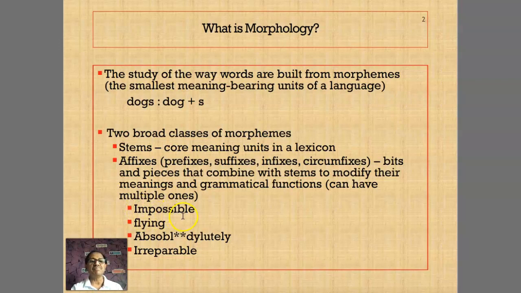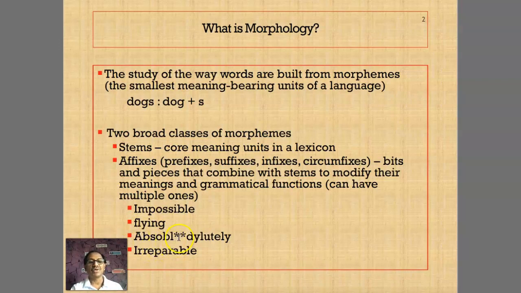It has changed the meaning, but it hasn't changed the category. It hasn't changed the grammatical function. Similarly, look at the word flying. The word flying, you have 2 morphemes, fly and ing. Ing is an affix. It's a suffix here. Fly is your stem.